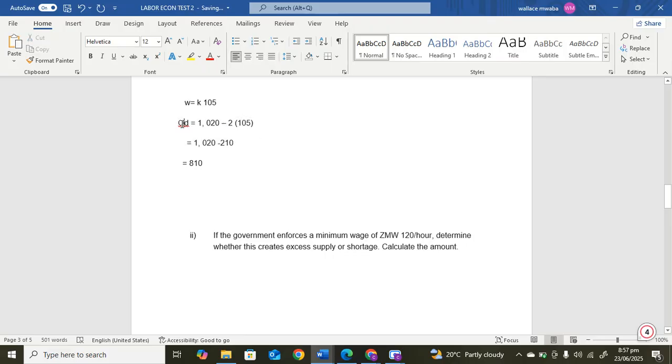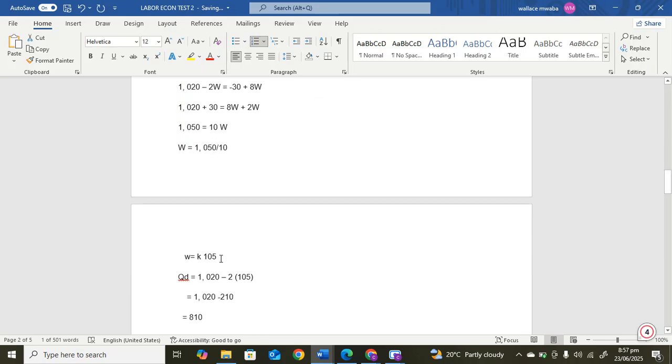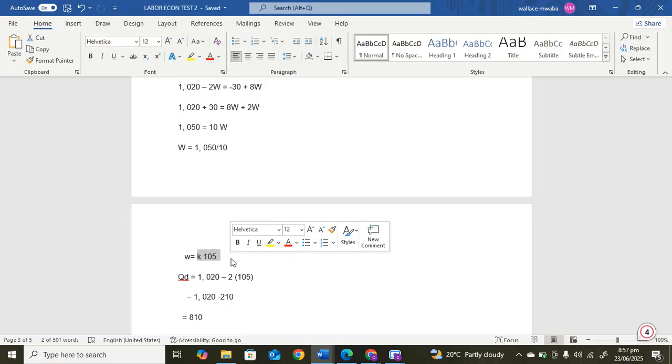Now, intuitively, when government puts a minimum wage, in this case the minimum wage is 120. The initial rate that was being paid is 105. Now, government has put a minimum wage of 120.